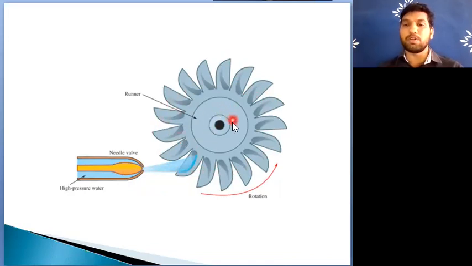This is the runner portion, which rotates in the anti-clockwise direction. This is an example of the impulse turbine, where the water strikes with a nozzle spray or with the help of a needle valve. The water has a high pressure and high kinetic velocity, which is converted into mechanical energy, as we have already discussed.